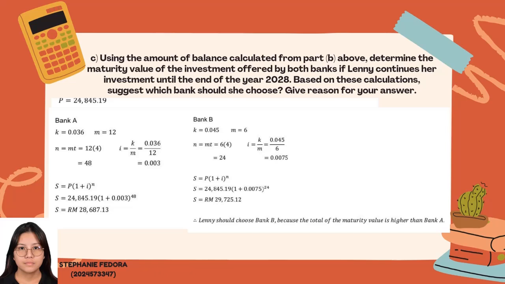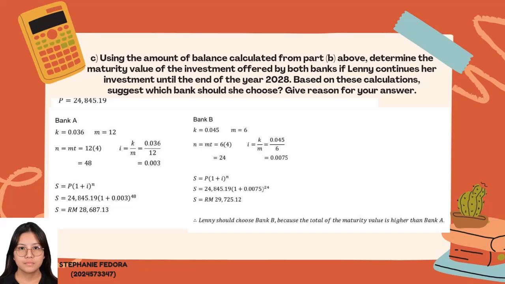From question B, we have found out that the original principal is 24,845 ringgit and 19 cents. So now, we're going to find the maturity value for both of the banks and which bank Lenny should choose.